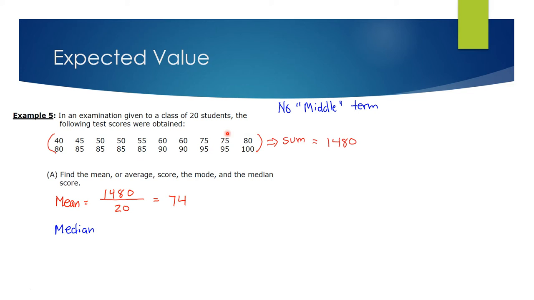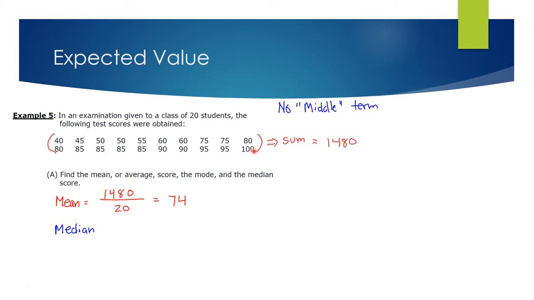If it was an odd number, I would divide that by 2. Say this was 21, I would get 10.5, which means that the 11th term should be in the middle. For this one, if I take 20 and divide it by 2, I get 10 exactly. Anytime I get an exact integer and not a decimal, that means there's really nothing in the middle.